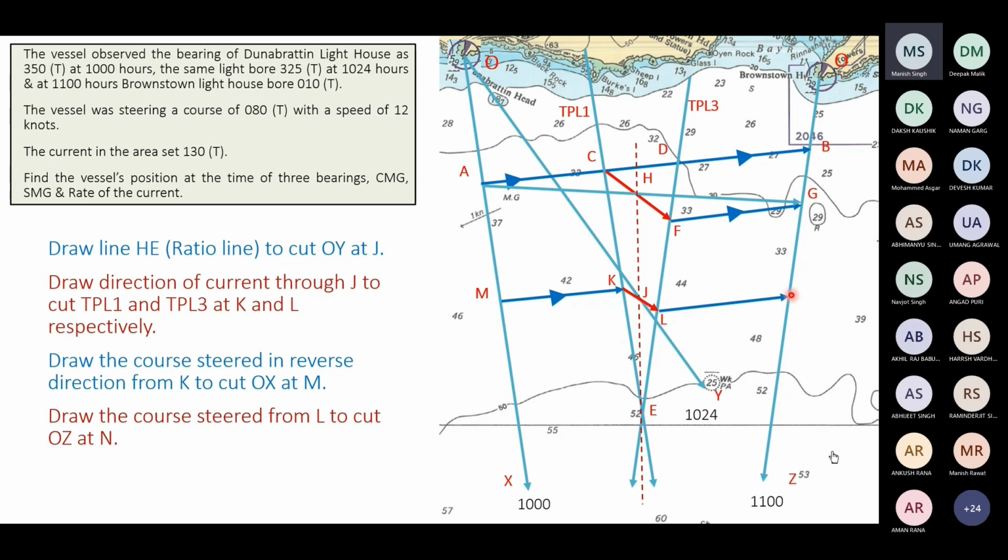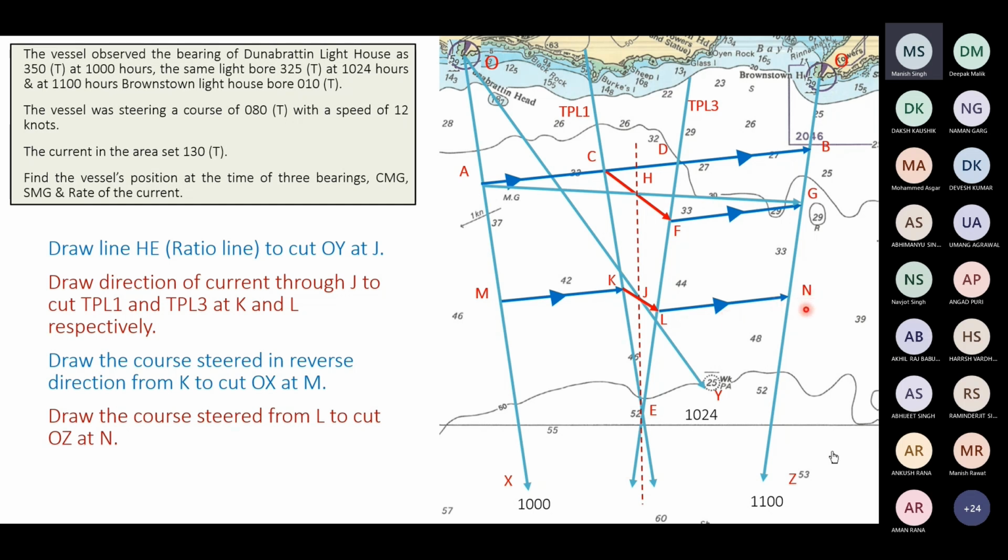It touches my third position line OZ at a certain point. Let's name that point as N, November point. You can see that point on our plot now on the chart. This line L to N is in the direction of our course steered, that is 080, and I have marked it with a single arrow. So we have reached up to point November.